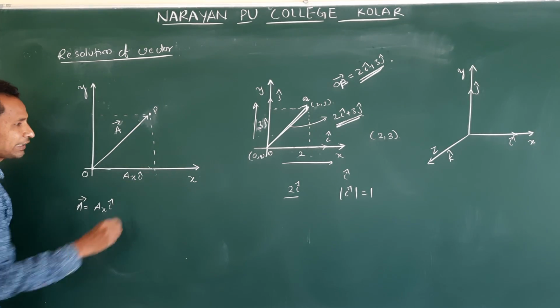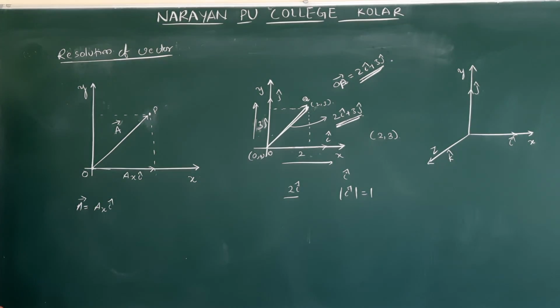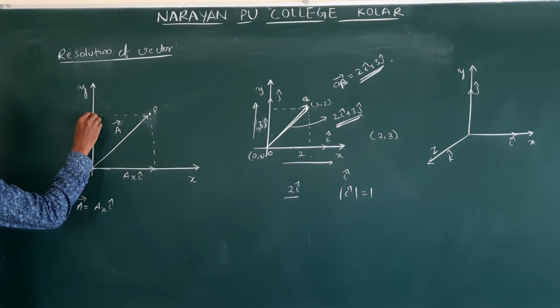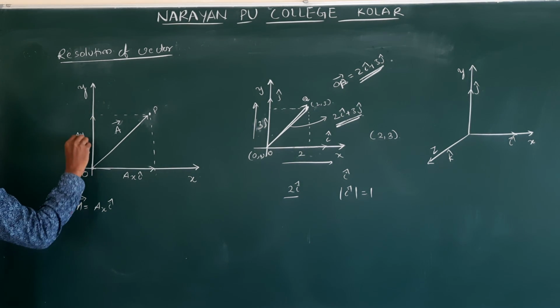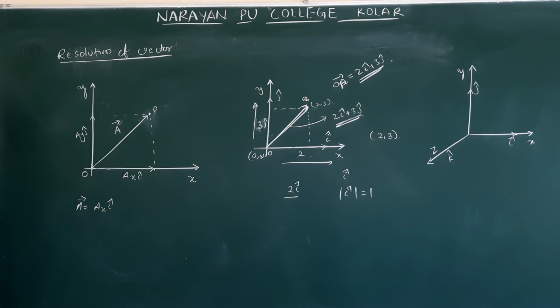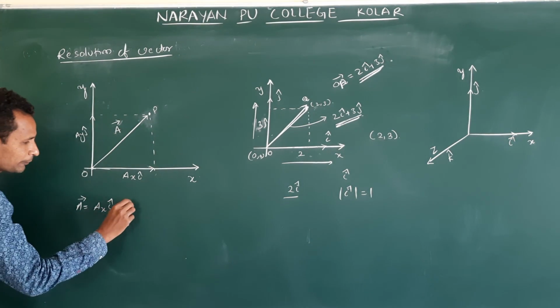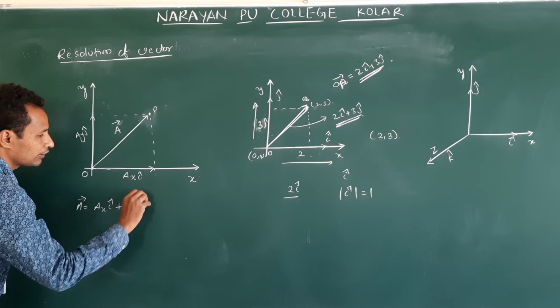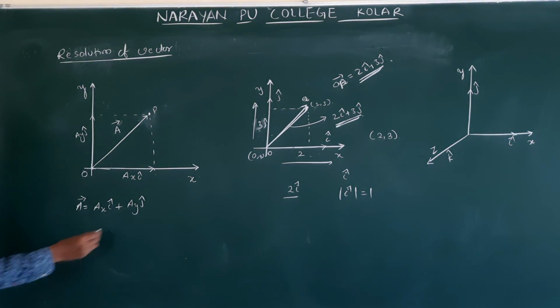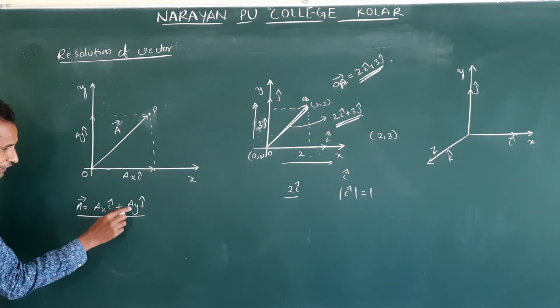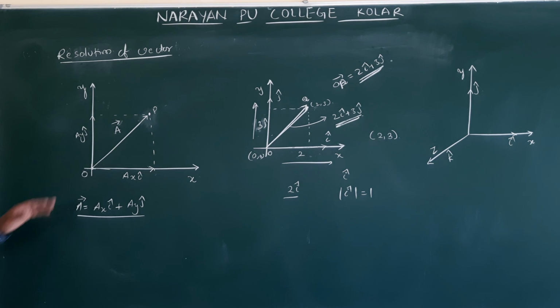If you assign I cap, this is Ax I cap. And this is Ay j cap. So A vector we can write as Ax I cap plus Ay j cap. Understand? Here Ax and Ay are called components.